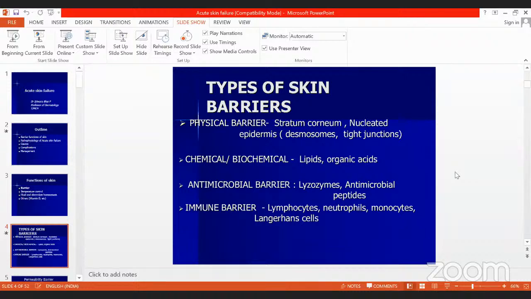And also there's an immune system, a very active immune system. People don't really associate an active immune system with the skin, but it is not true. There are a host of immune cells like lymphocytes, neutrophils, monocytes, and Langerhans cells, which play an active role and provide the first line of defense against organisms. So the skin barrier is more than a physical barrier. It's also chemical, antimicrobial, and an immune barrier.